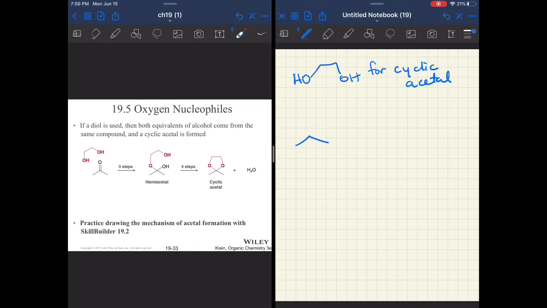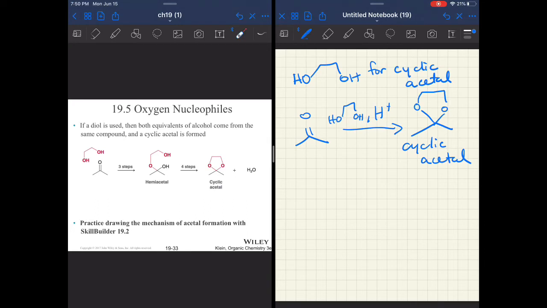So if we take our aldehyde or ketone, we treat with this diol and acid, we can make this cyclic acetal. Now, what's great about this is you can remove it and it makes a really wonderful protecting group, which we're going to cover in a little bit.